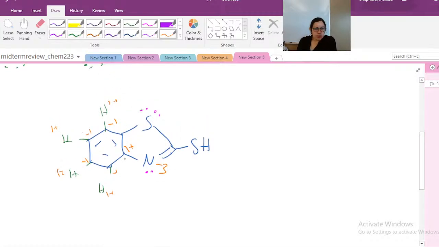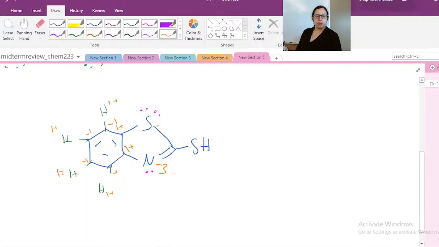Let's look at these other funny carbons. We have this carbon here. Again, it splits evenly, so it has 1, 2, 3, but then it loses out to the sulfur. So this also has a +1 oxidation state.